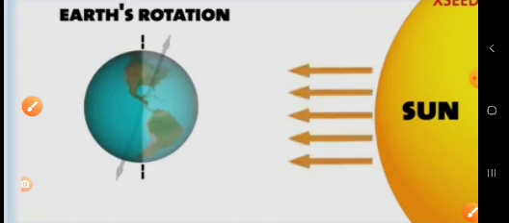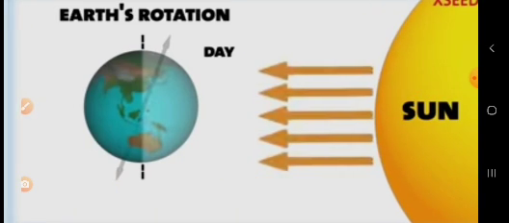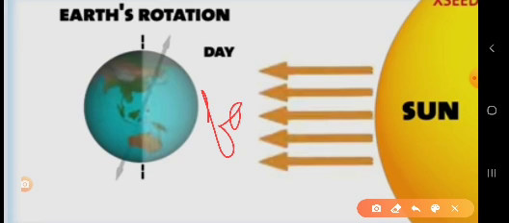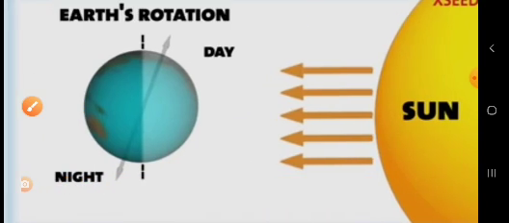Let us see. So children, this is day. Here we can see the part which is facing the sun. So this part is day, and this part is night.